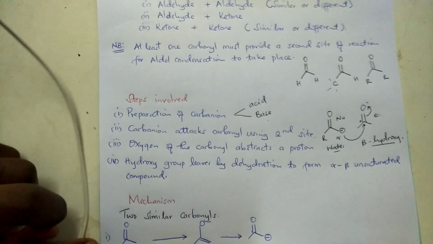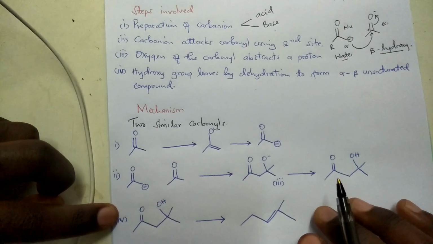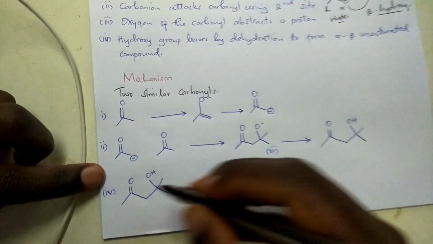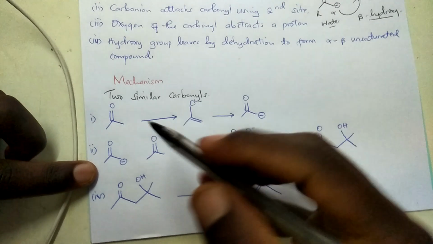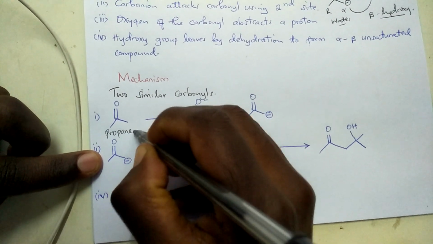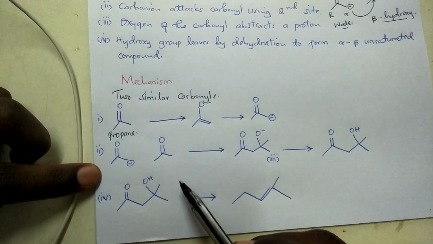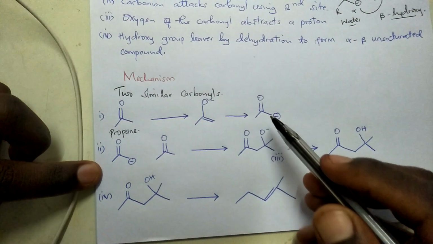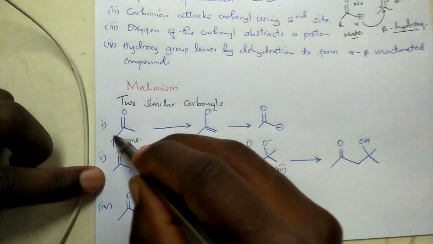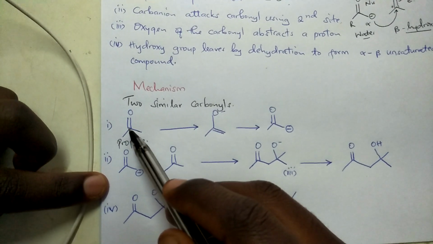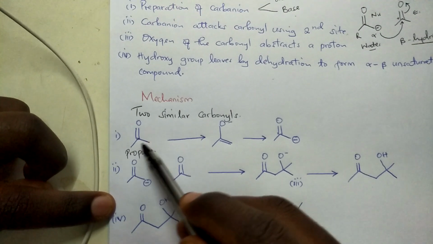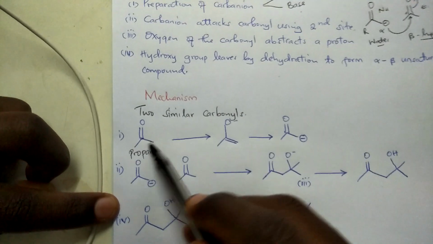Let us briefly see the mechanism of the reaction. So in this case we are using propanone. We are starting with propanone, and the first step involves the preparation of a carbanion. So to prepare a carbanion from this propanone, since this is the carbonyl carbon, it has two second sites here.